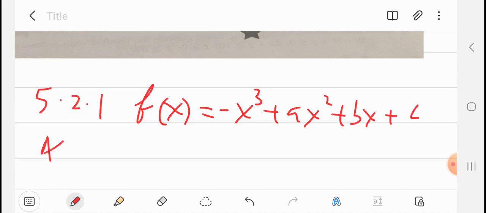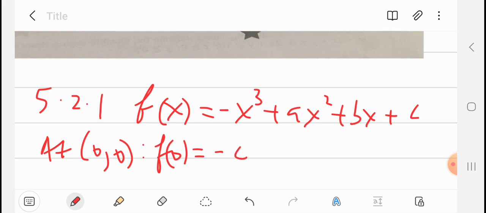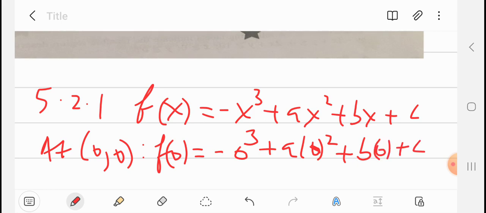At the points 0 and 0, you have that f of 0 is equal to minus 0 cubed plus a into 0 squared plus b into 0 plus c equals 0.